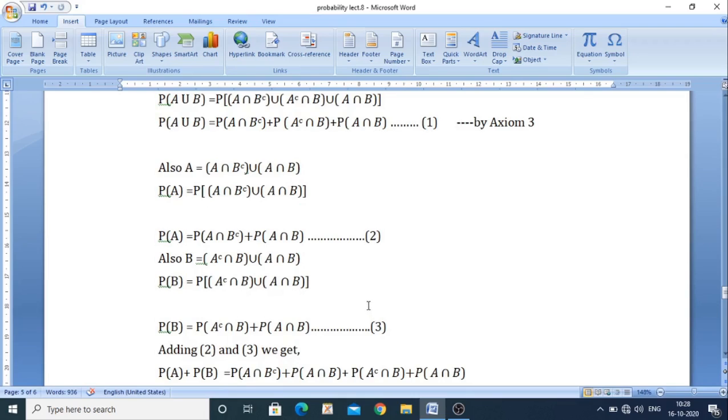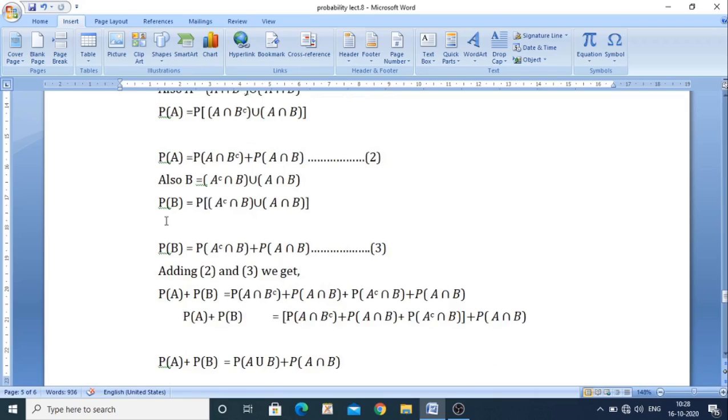Now we will do the addition of the second and third. So second is P of A and third is P of B. So in LHS, P of A plus P of B. Now write down all the RHS of equation 2, that is P of A intersection B complement plus P of A intersection B. Then P of A complement intersection B plus P of A intersection B, that is RHS of the third.